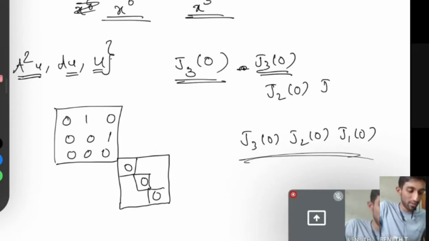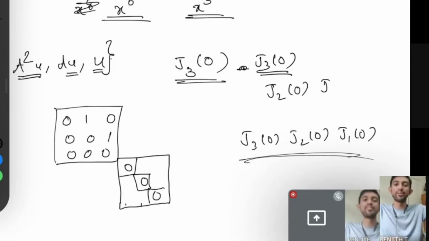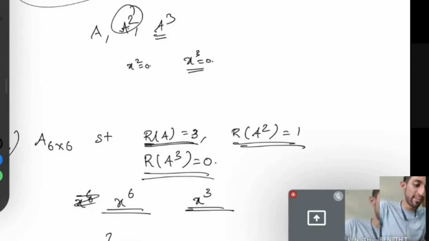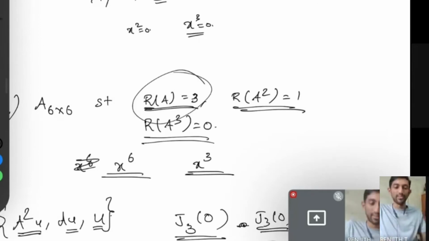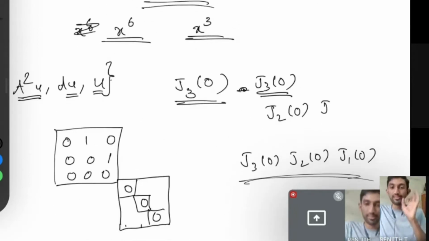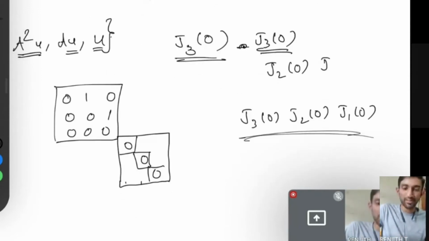This one is an eigenvector, this one is an eigenvector, this one is an eigenvector, this one is an eigenvector. There will be 4 eigenvectors, which means nullity will be 4, and nullity 4 means rank must be 2. But here we are given that rank is 3. So there must be only 3 Jordan blocks, so this is not possible.